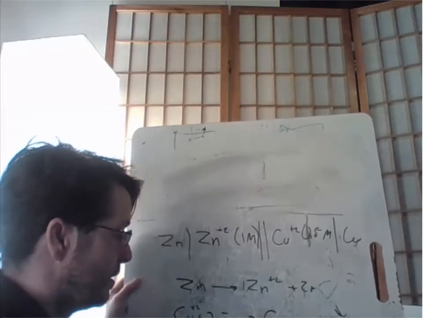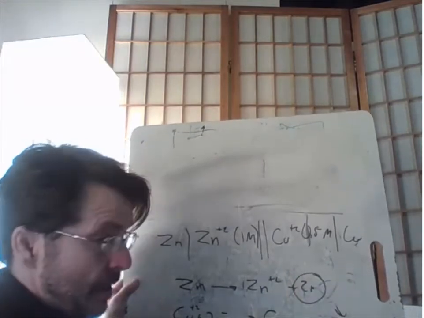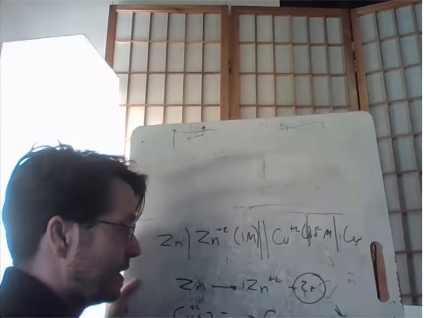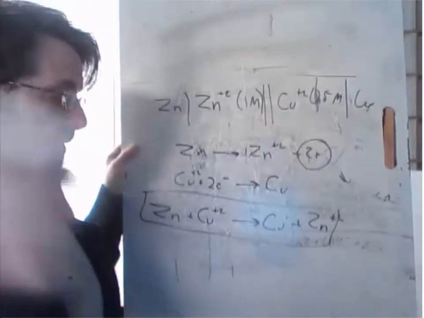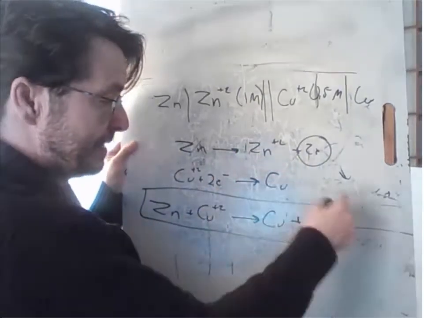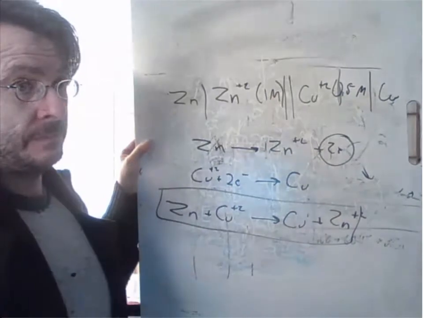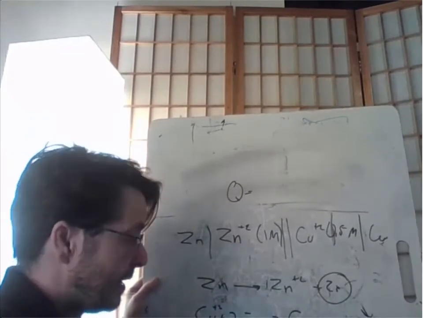The reason we did this is so that we can figure out n, the number of electrons, and the balanced chemical reaction. Now, the reason is because Q is equal to products over reactants.